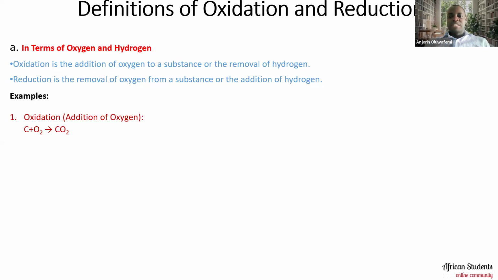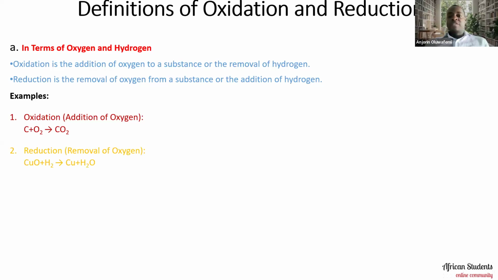The carbon becomes oxidized in the process of oxygen coming to meet up with it and reacting with it. So that's an oxidation, addition of oxygen. Now, in terms of reduction, we're looking at copper 2 oxide.